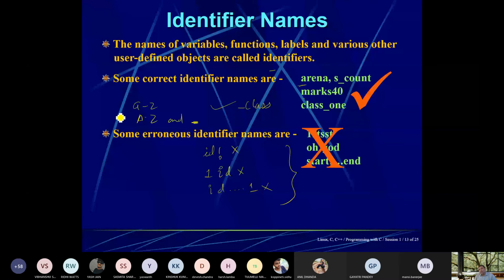It cannot include symbols beyond these. Digits 0 to 9 are also allowed, but it must begin with a letter or underscore, and digits can be in between.